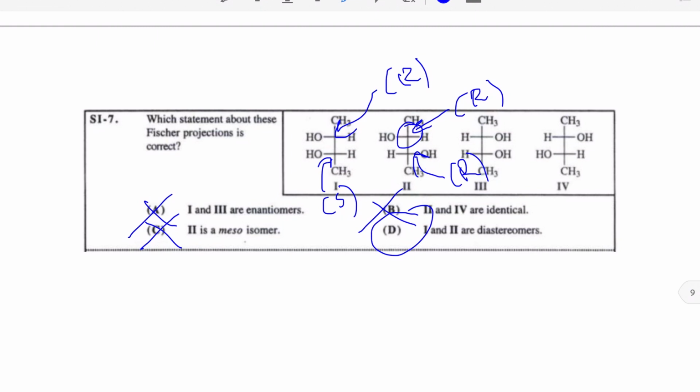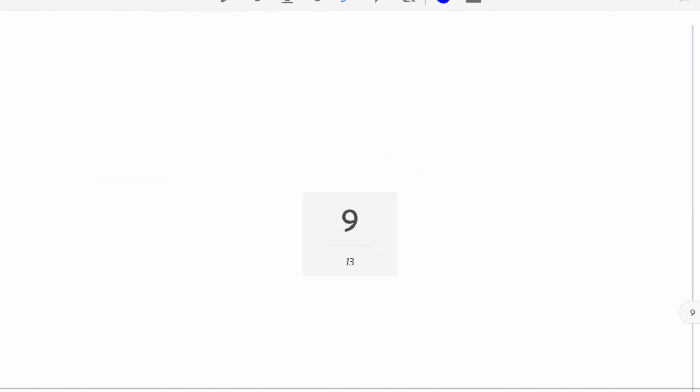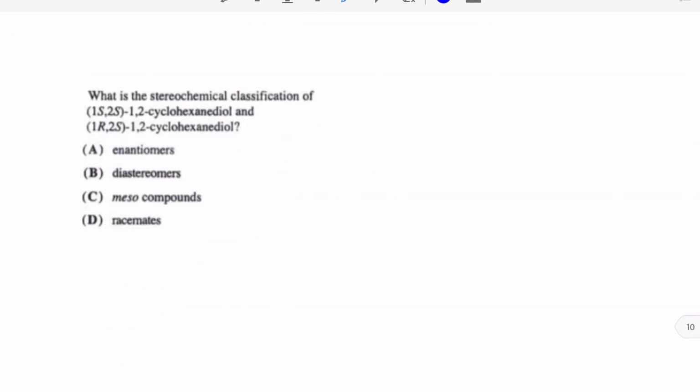So now let's move on to the next question. It asks us, what is the stereochemical classification of 1S,2S-1,2-cyclohexanediol and 1R,2S-1,2-cyclohexanediol?